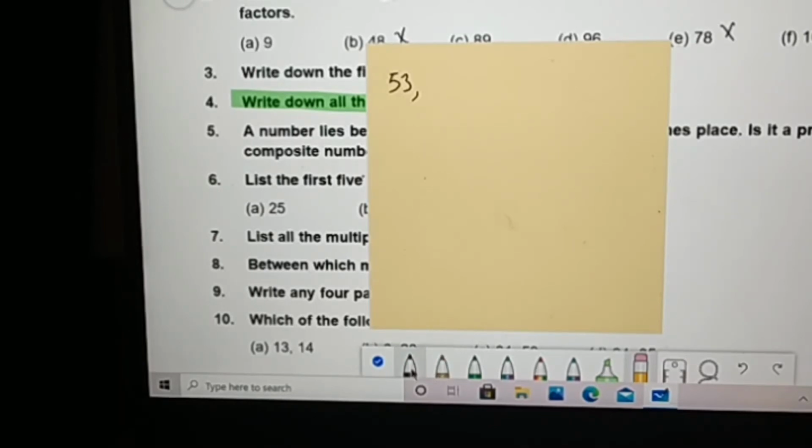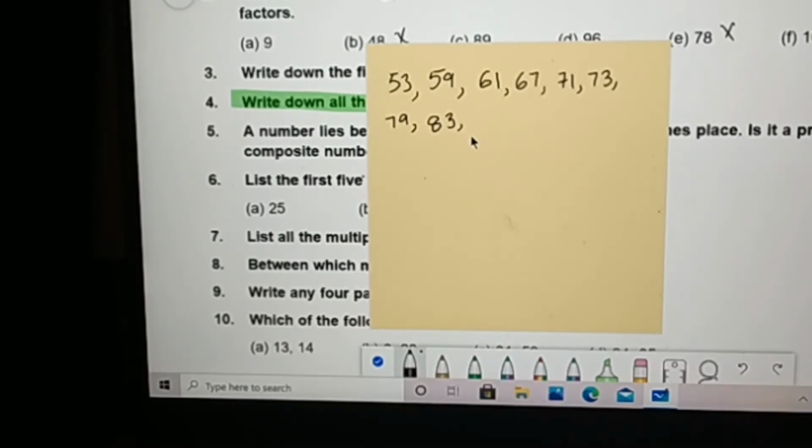And then 59. 59 is not divisible by any number other than 1 and 59. And then we have 61. 61 is the first prime number here. After 61 we have 67, it is a prime number. Then we have 71, this is a prime number. 73, this is a prime number. 79, this is a prime number. 83, this is a prime number.